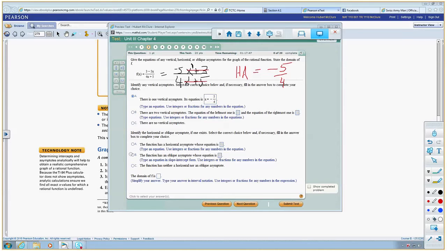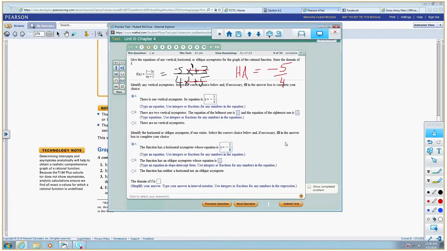So down here, the function has a horizontal asymptote of, the equation should be y. Yeah, y is equal to negative 5/4.